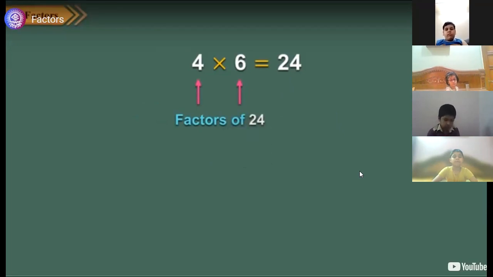So beta, factor is nothing but another name for multiplicand and multiplier. Nothing is new. The concept is new only in that we are going to use this term, factors. But actually it is another name for multiplicand and multiplier.